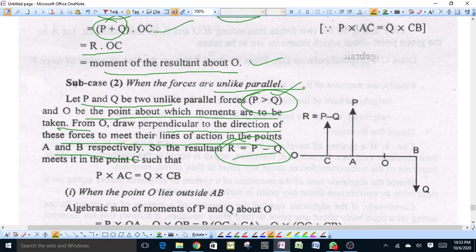Suppose this resultant acts at a point C, which lies on the line joining A and B, such that P into AC will be equal to Q into CB.